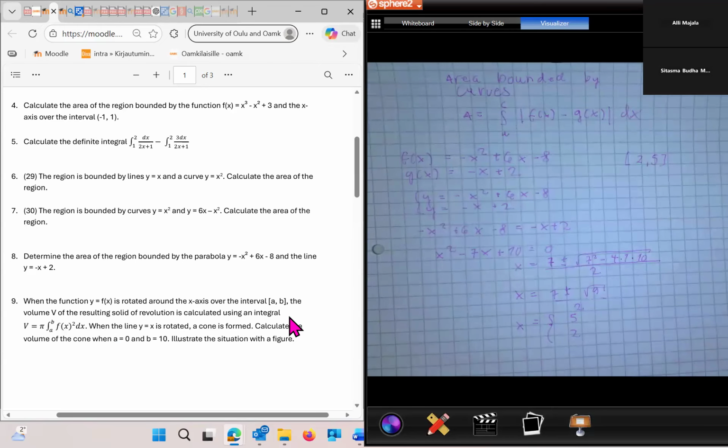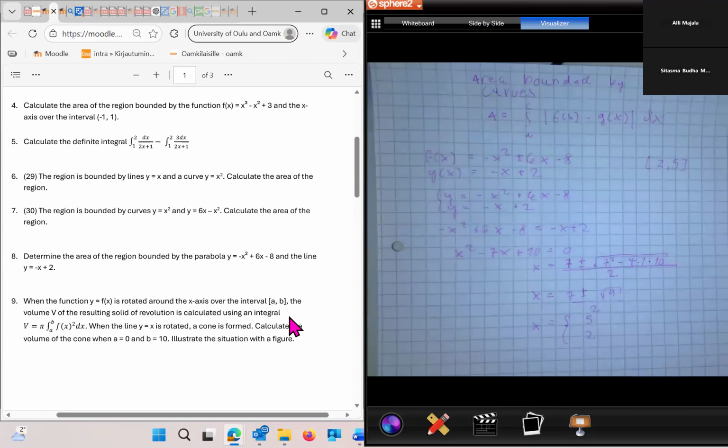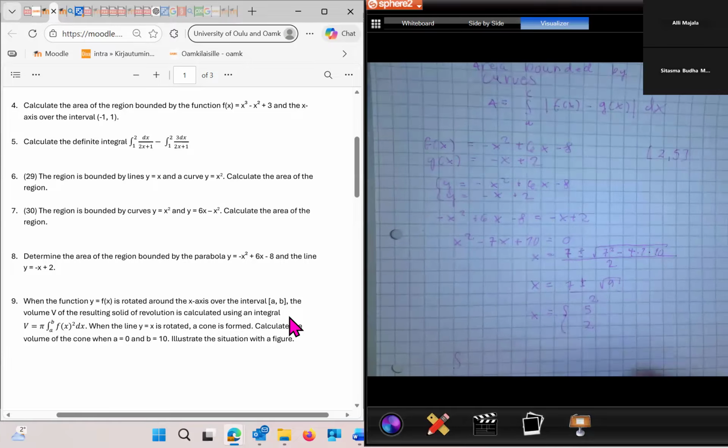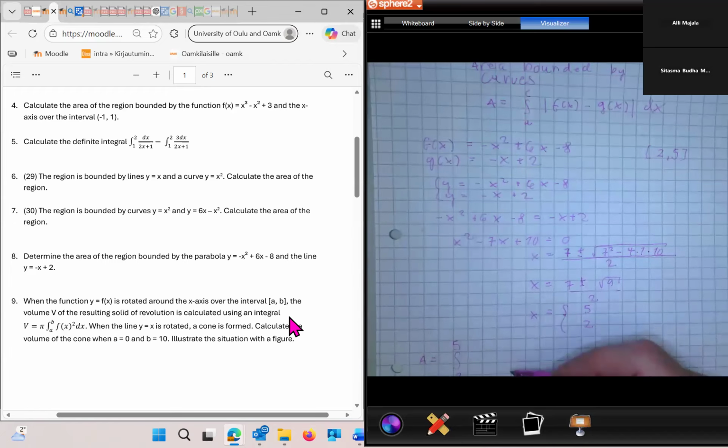And then I start the lovely integration. So I will do exactly this thing here now. The area I'm calculating, area from 2 to 5. And my f(x) was, now I get this with the different signs. My f(x) was this. There we go.